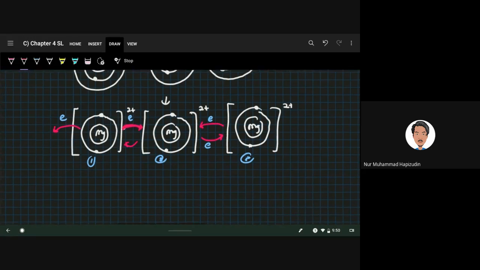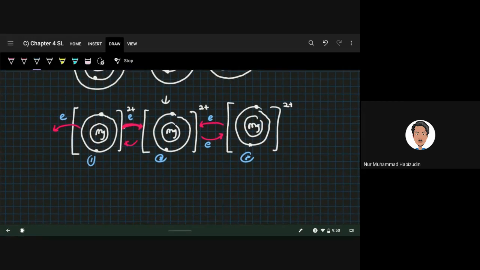Okay, so this is called delocalized electron. Yang electron ni we call it as delocalized electron. What is delocalized electron? Free moving electron. Yes, mata kasar kita tak nampak lah dalam metal tu kan ada elektron ke.